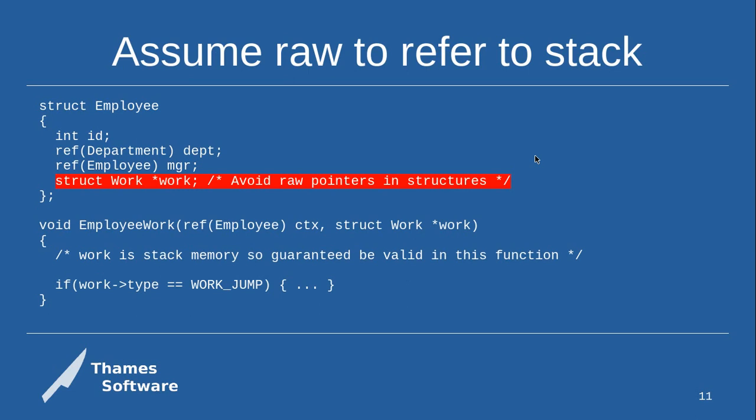Now what's also quite nice is if you make sure to, instead of using raw pointers, use this ref stuff for member data inside a structure, and you never use a raw pointer, it means that when you do come across a raw pointer within, for example, function parameters, you know that this is actually safe to use throughout the lifespan of the function, because you know it's coming from the stack, which is really handy.